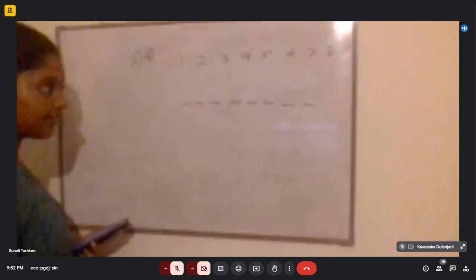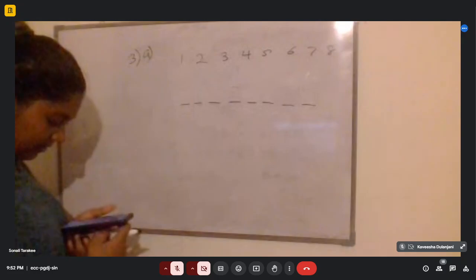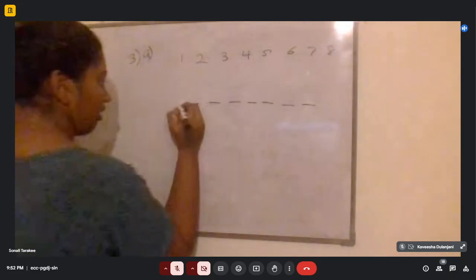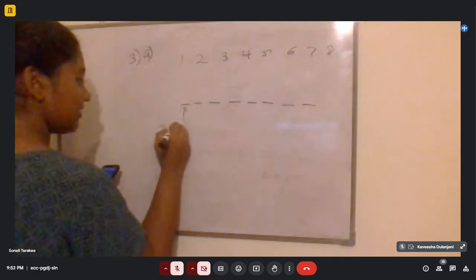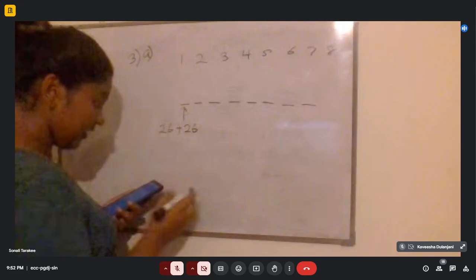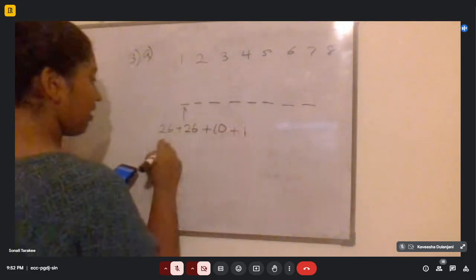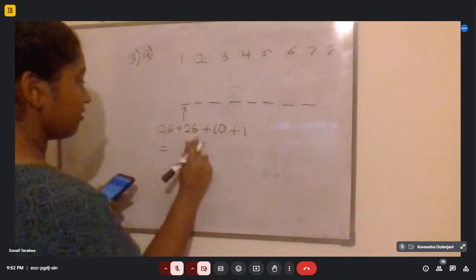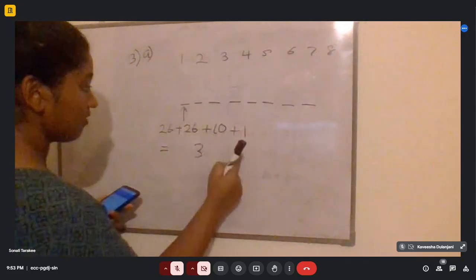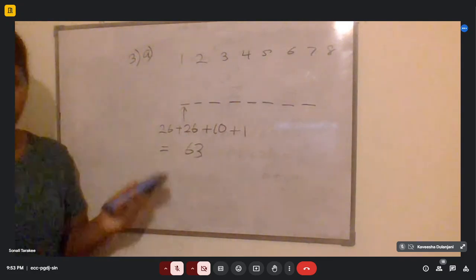In this 8 character name, the first character should be a letter, either uppercase or lowercase. So how many choices we have is 26 uppercase, 26 lowercase, digits, that means 10, and underscore. So you have 63 choices for the first letter.